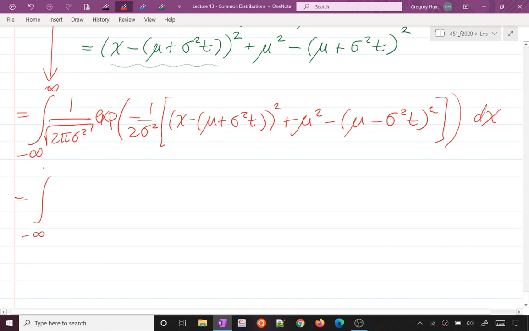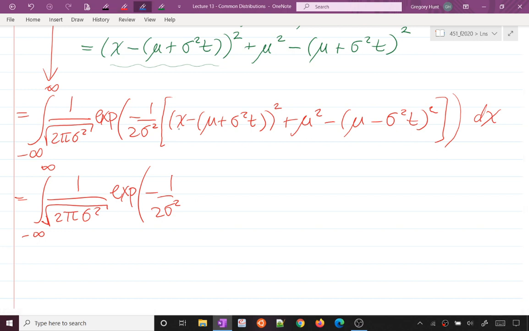So what I'm going to do is split up this exponent term, right? I can always write the exponent of a sum as the product of exponents. So I'm going to do it in this way. I'm going to say this 1 over root 2 pi sigma squared term still stays there. And then I'm going to pull off certain terms. I'm going to have exponent of, and what do I want? Of course, I have my 1 over 2 sigma squared, and then I'm going to pull off this term, which I really like.